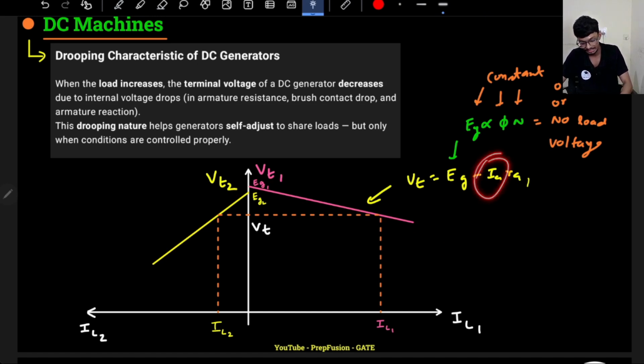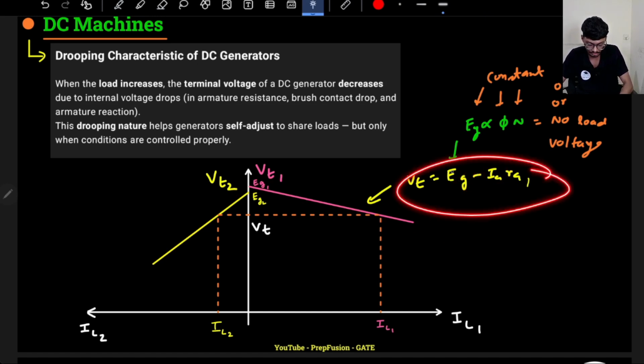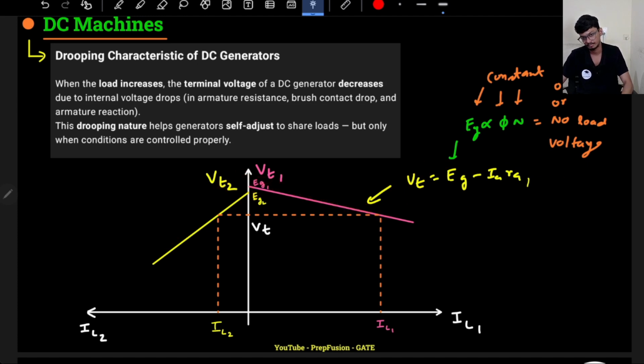For the same increase of armature current, the reduction in Vt will not be the same as for machine 2. Their slopes will be different. Who defines the slope? This Ra1. If I find the slope, it is change in voltage upon change in current, which is the unit of resistance. So this slope is given by Ra1 and this slope here is given by Ra2.